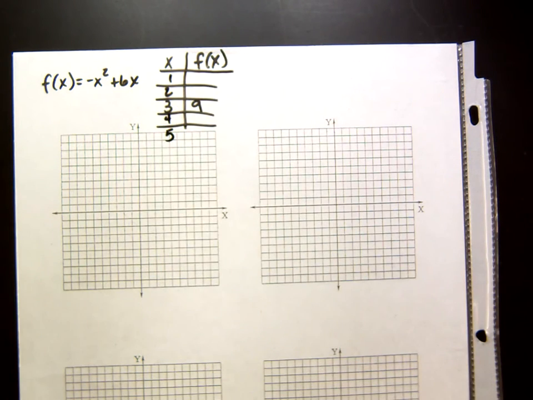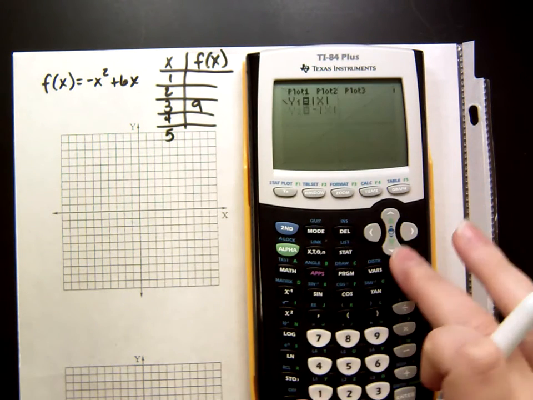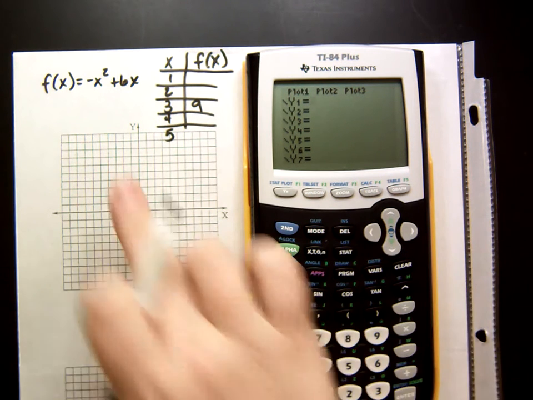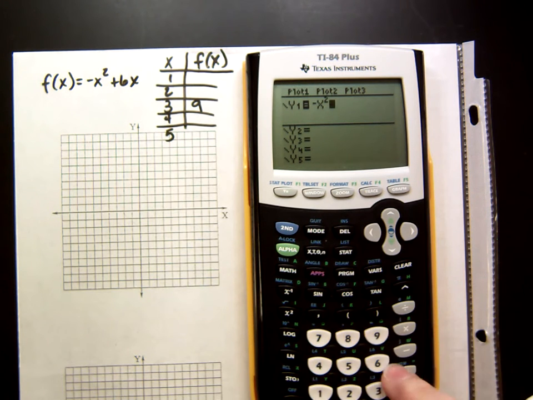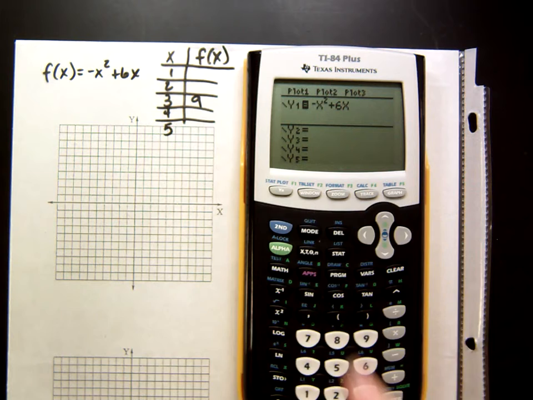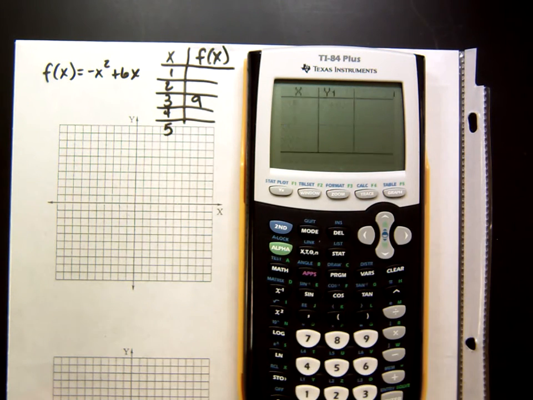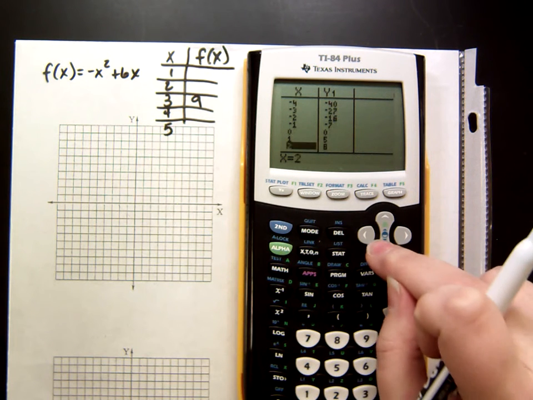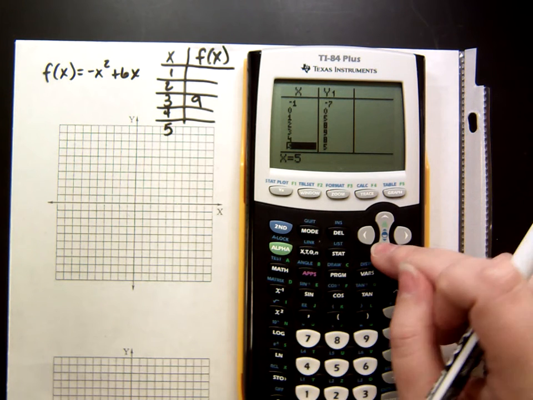Now, you can plug it in one at a time, but I'm going to be a little bit lazy. I'm going to type in negative x squared plus 6x, and then look at the table by hitting second graph. If I move this a little bit, I'm able to get some points that I can actually plot.